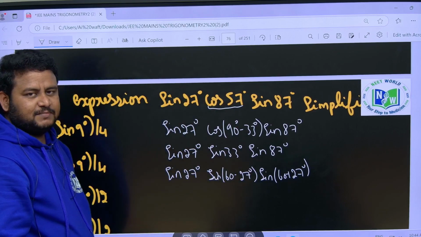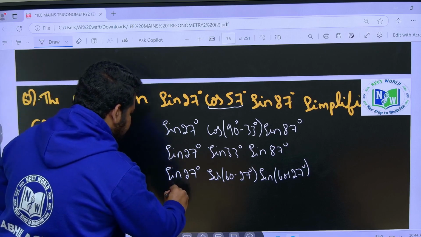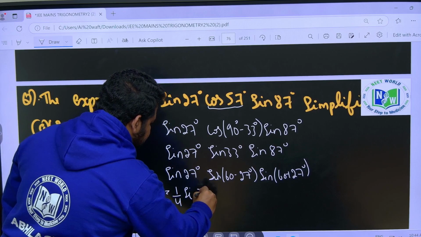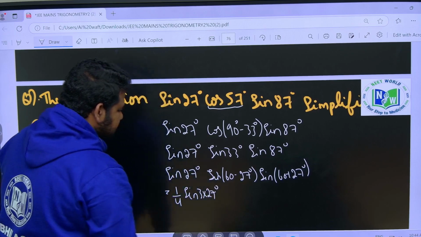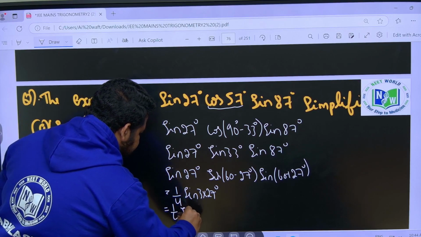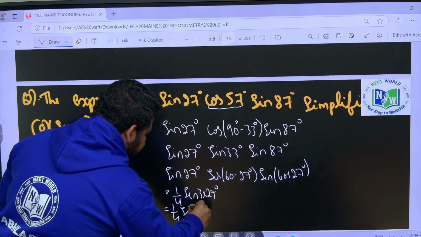So this is equal to 1 by 4 sin 3A, that is sin 3 times 27, which is 1 by 4 sin 81 degree.